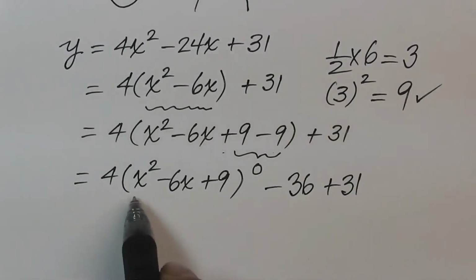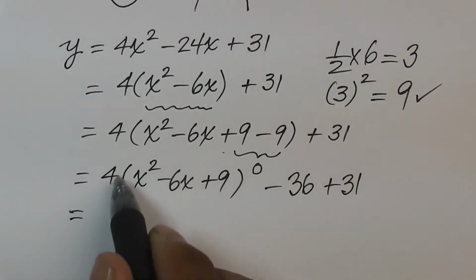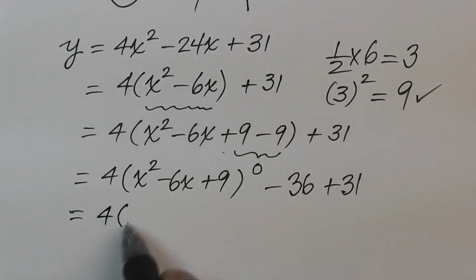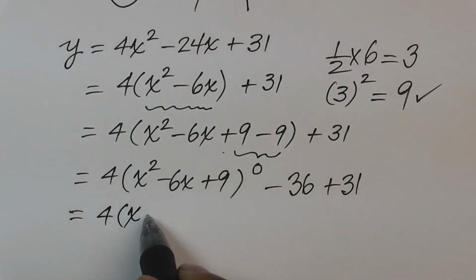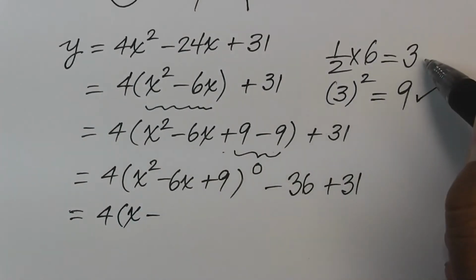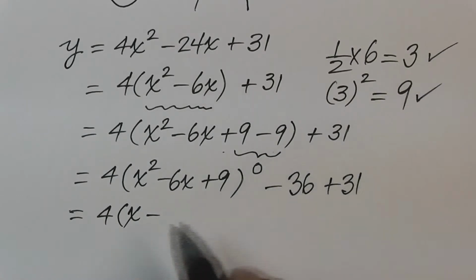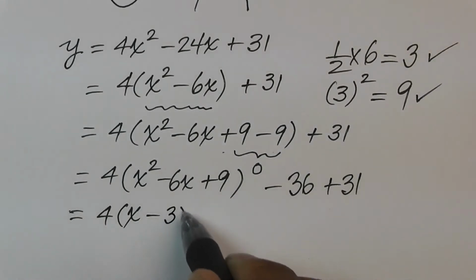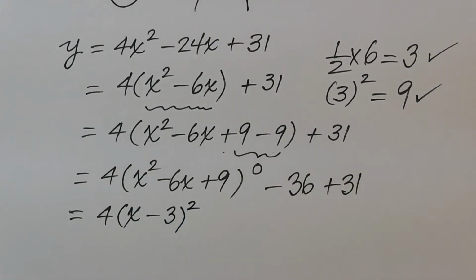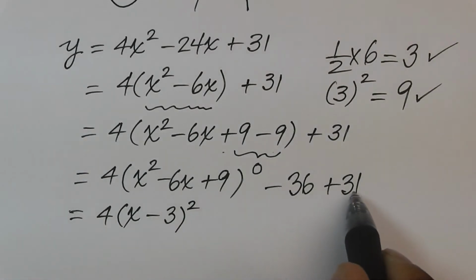This you can recognize as our old friend, so we can factor that: 4 times x minus 3 squared, minus 36 plus 31.